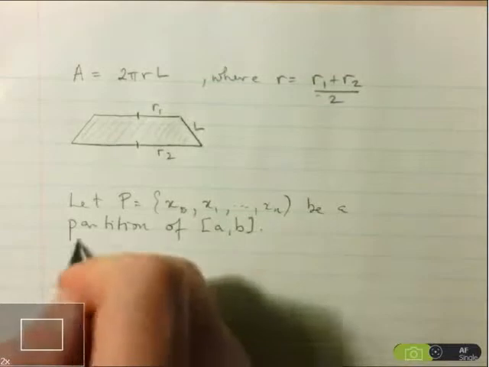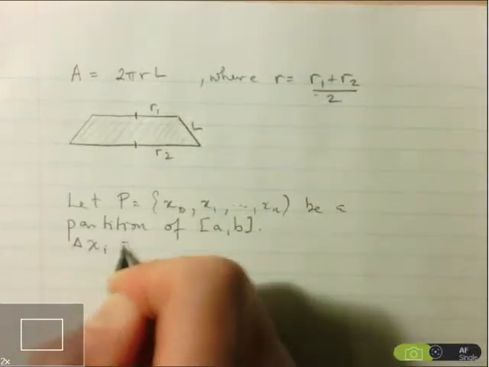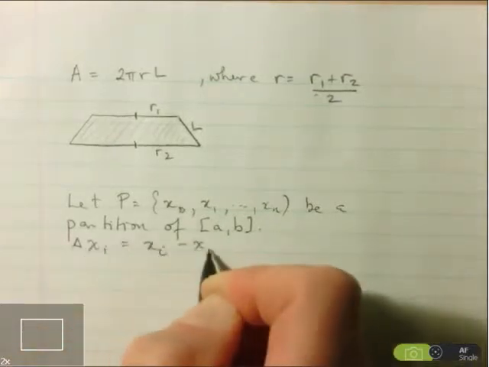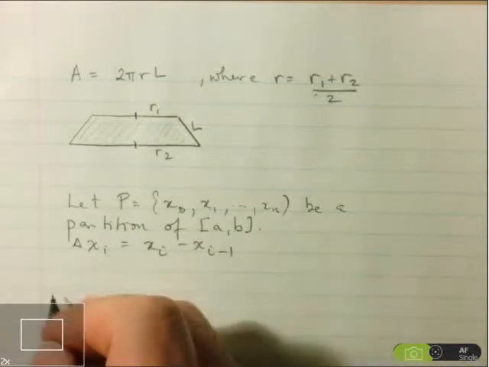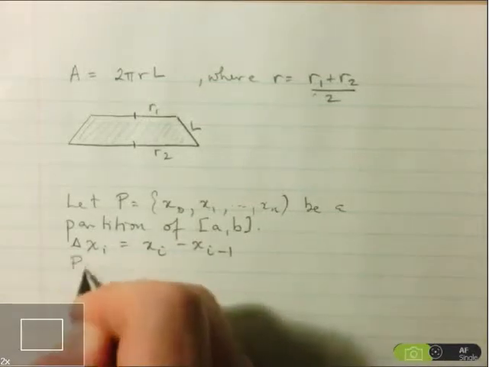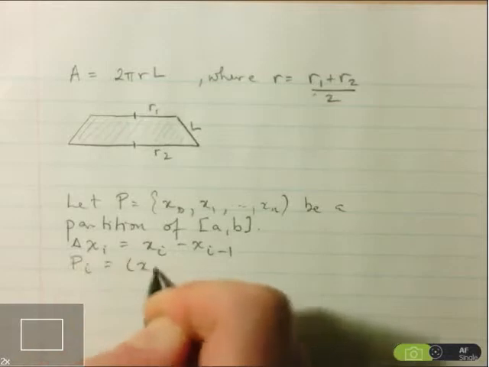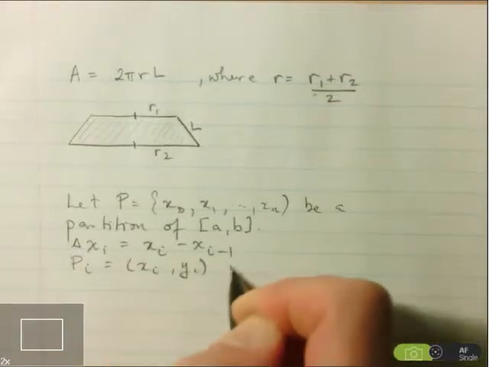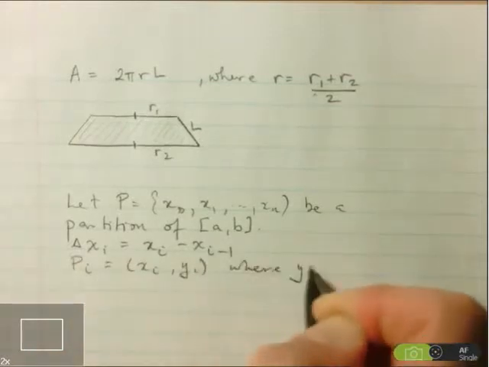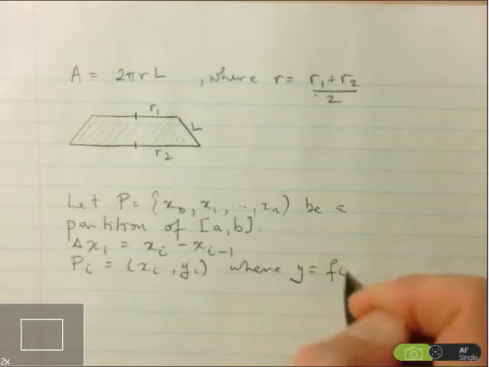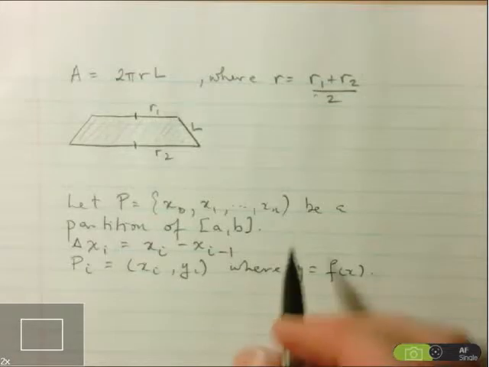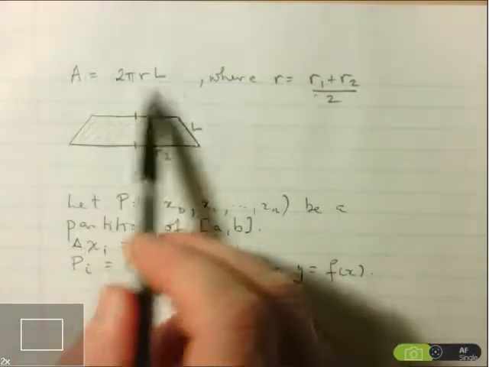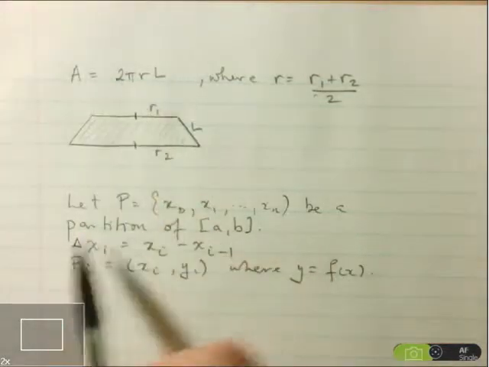We have our delta xi, as usual, which is just xi minus xi minus 1. Now in this case we do need those endpoints, so we'll let Pi be the point xi, yi, where y of course is that function that we're revolving around the x-axis.